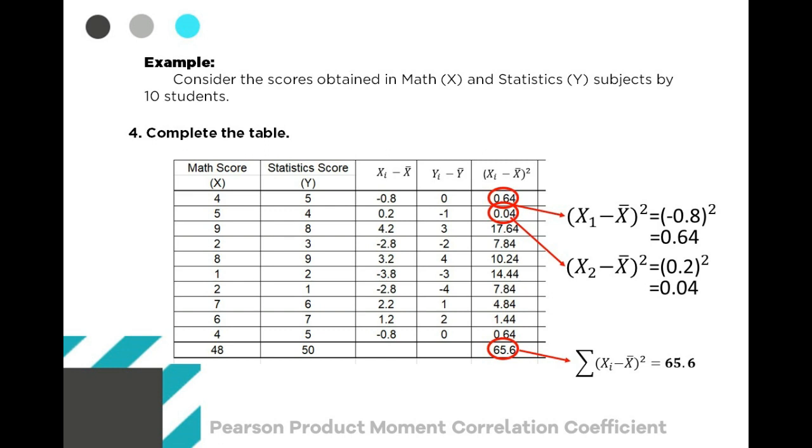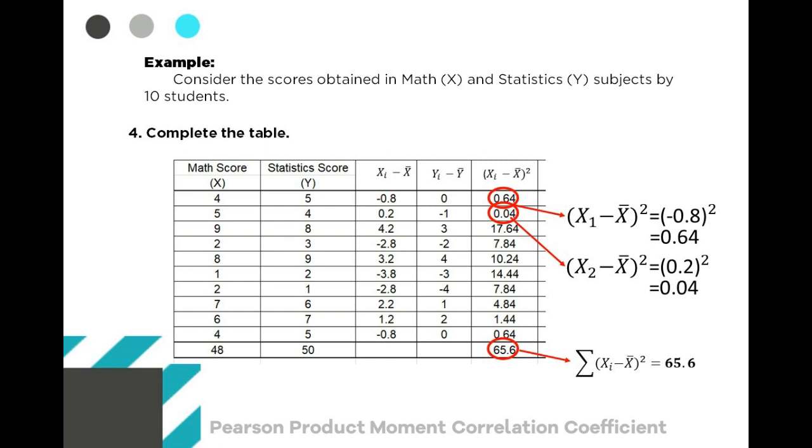Then after we get yung buong data natin doon sa row number 5, the square of our X sub i minus X mean, we will be getting the summation of it. The summation of X sub i minus the mean of our X, squared, is 65.6.